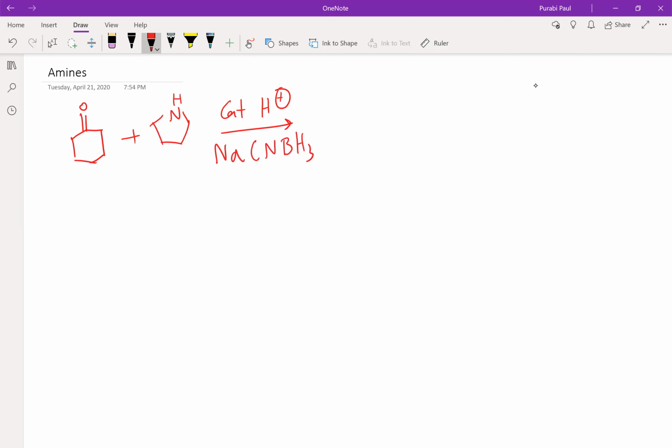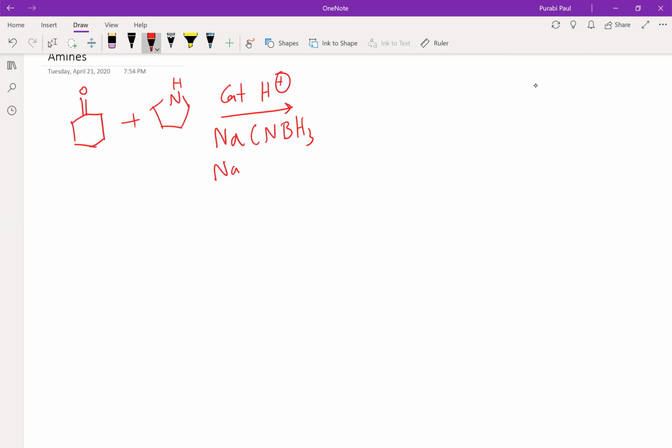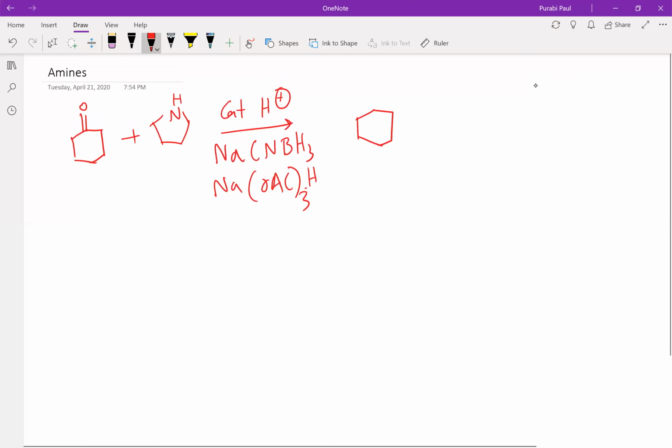Another one you may see in this class is sodium triacetoxyborohydride. What this gives you is an amine that is appended to the ketone you started with.